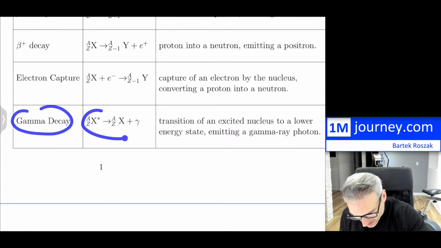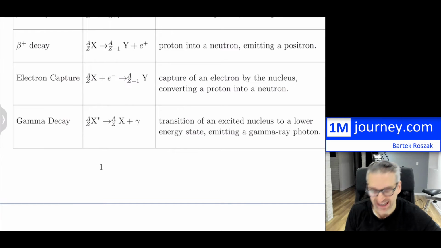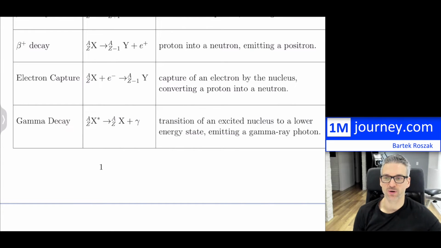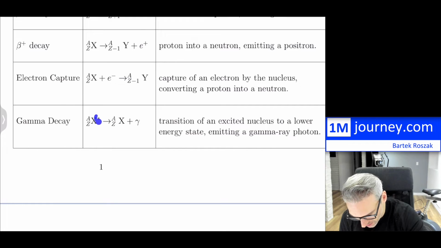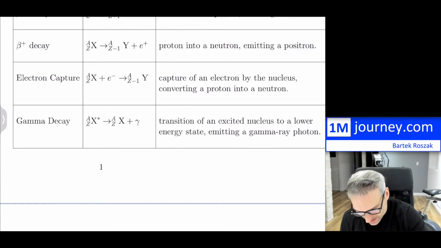So your gamma decay, as I said, starts in an unstable state, right? This is one of the radioisotopes, and this little star means that it's unstable and it doesn't like it. Because it doesn't like it, it gives off some energy.